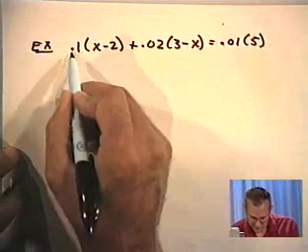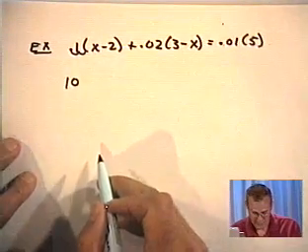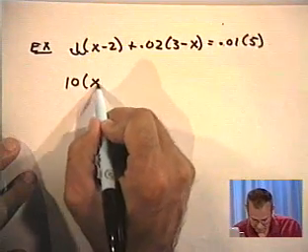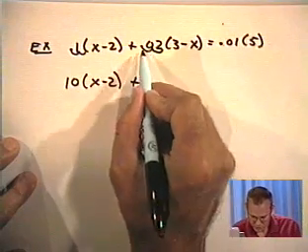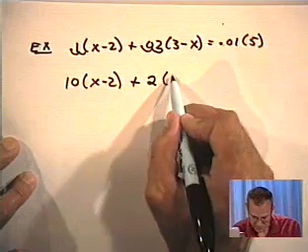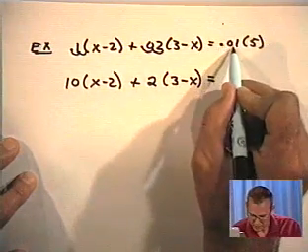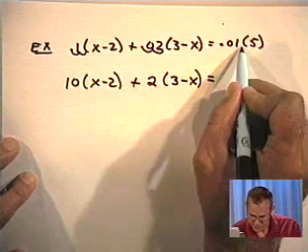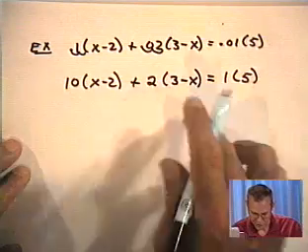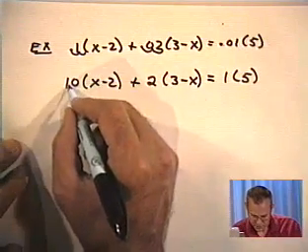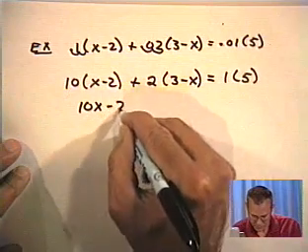Multiplying this term by 100 moves my decimal over 2 places. It just gives me a 2. And multiplying this one, using the distributive property, I distribute the 10 through this parenthesis, which gives me 10x minus 12.